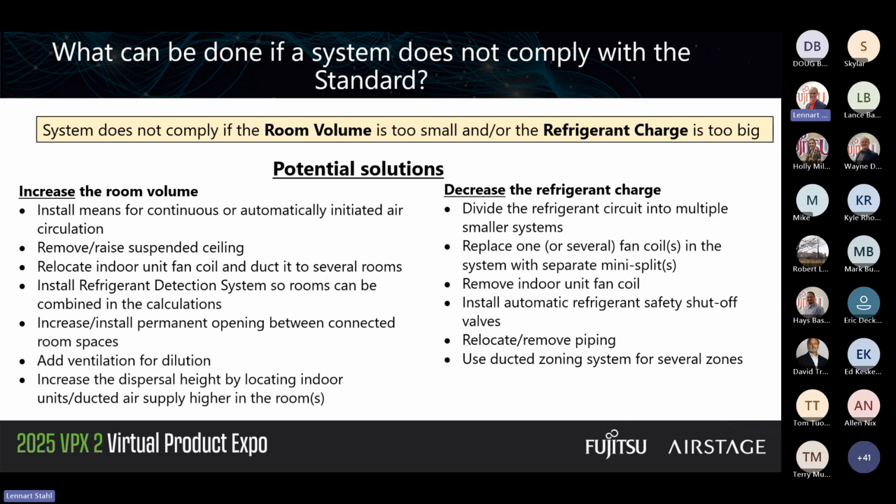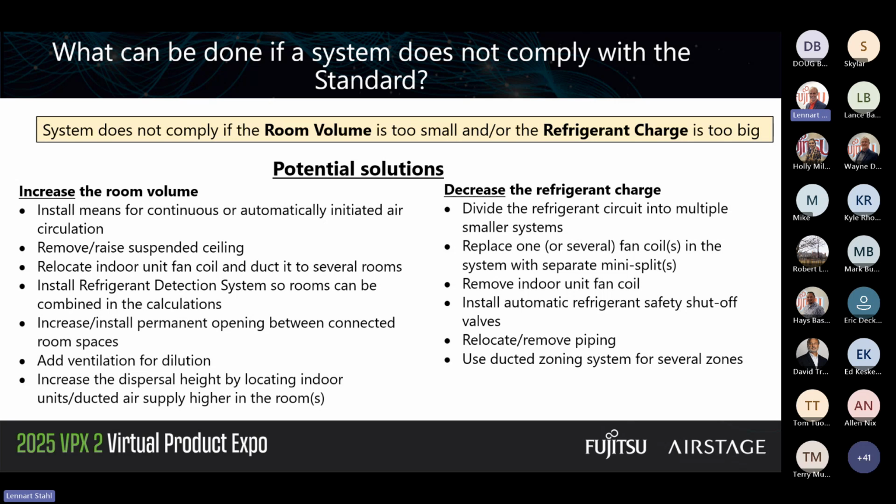We can perhaps, especially if it's a VRF system, divide it into multiple smaller systems. You might be able to replace or remove a coil, put in a mini split instead if you have a VRF system. You can install those safety shut-off valves that Wayne explained on the previous slide. Remove some piping, relocate piping.